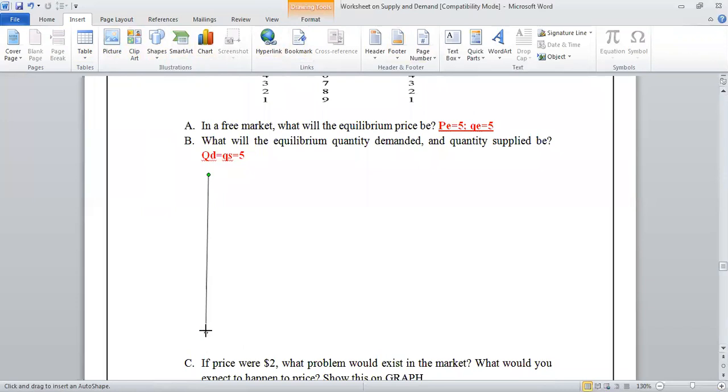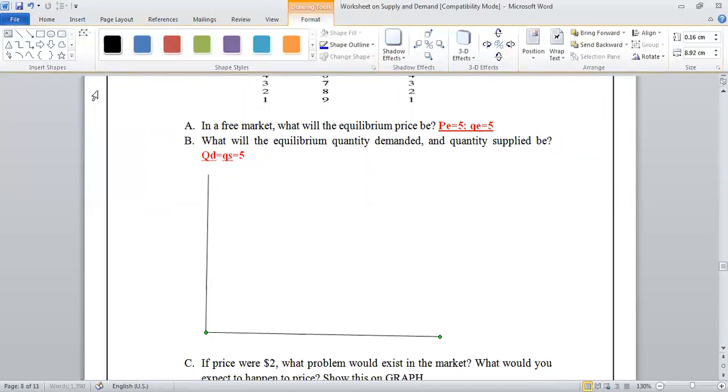This is the X axis, this is the Y axis. And then we have demand, and we have supply.